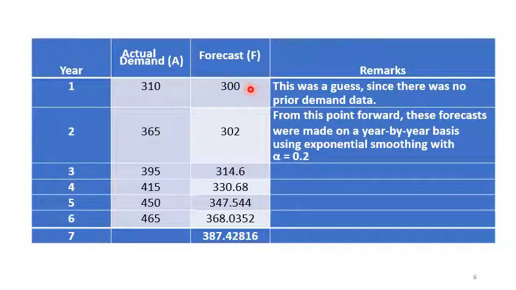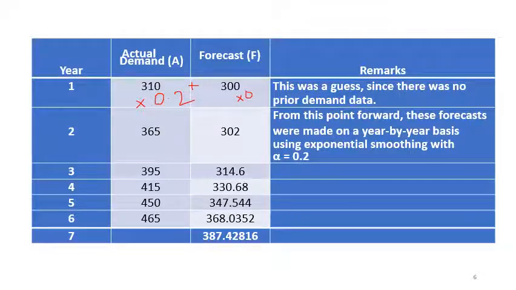So now 300, and similarly like you have done previously, the forecast here is 302. How did you get this? 310 into 0.2 plus 300 into 0.8 will give you this. You multiply 310 by the exponential smoothing constant, that is 0.2, and then add it to 300 multiplied by 0.8.